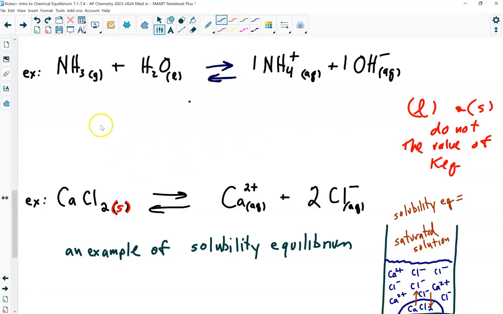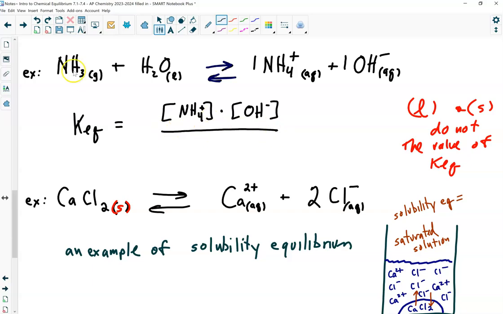So when I write this, I'm going to write Keq as a Kc, a concentration one. So if it's aqueous, you want to put the whole species in there, so the concentration of NH4+ raised to the first power times the concentration of hydroxide ion at equilibrium raised to the first power.